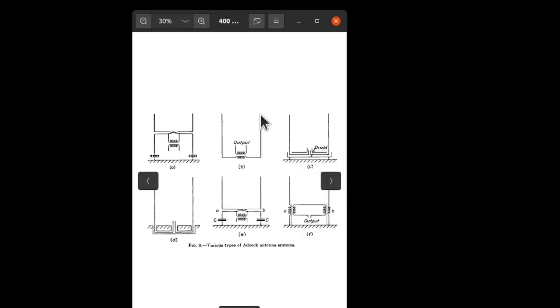So all of these vertical elements can be separated vertical radiators in your backyard. The distance between them is not critical at this point. We'll talk about that later because phase is very, very important.